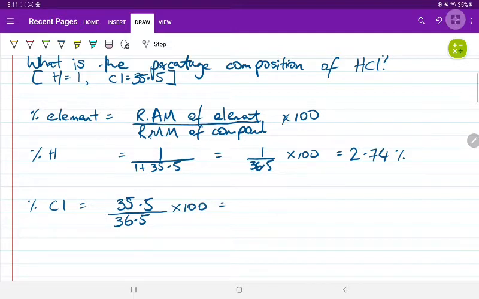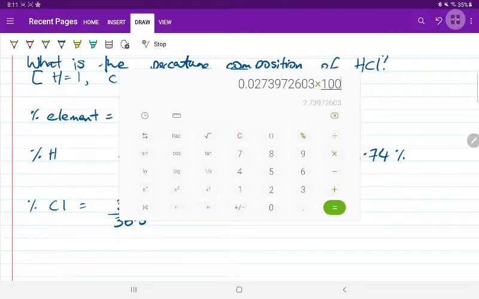Or, since it's percent and everything has to be out of 100, we could do 100 minus 2.74, and that will give you your answer as well. So that's 97.26.